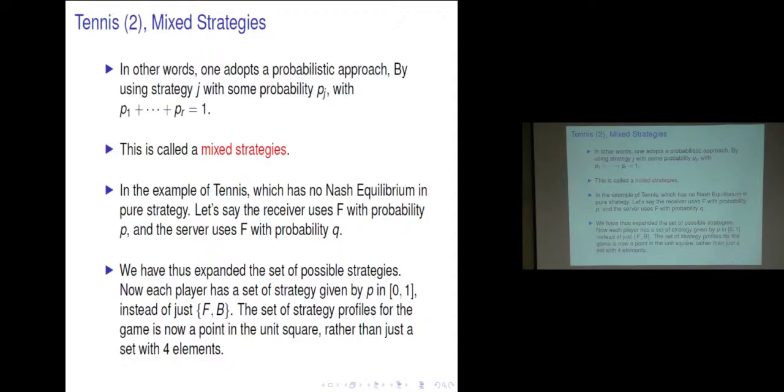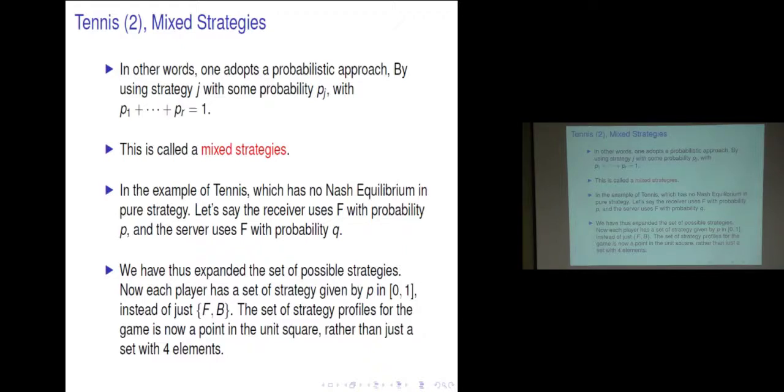Now, when you change p, you have a family of mixtures of S1 and S2. So each player has a set of strategies given by p in the interval [0, 1], because it's a probability. Therefore, not only do we have two strategies, we have a mixture of them.